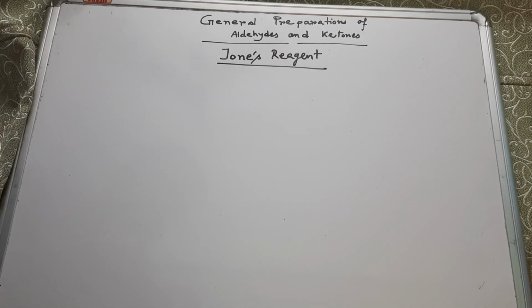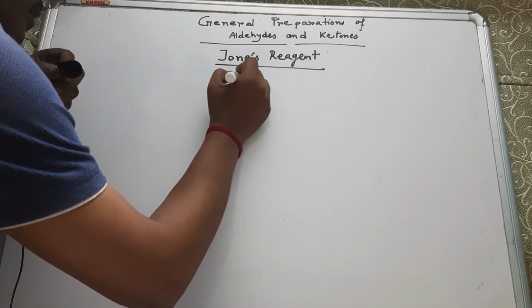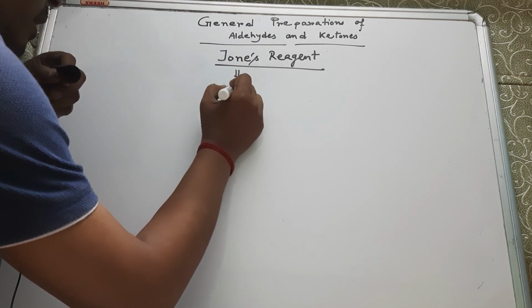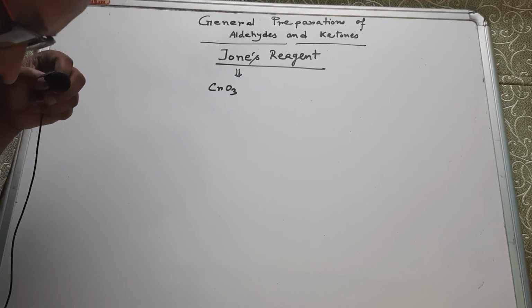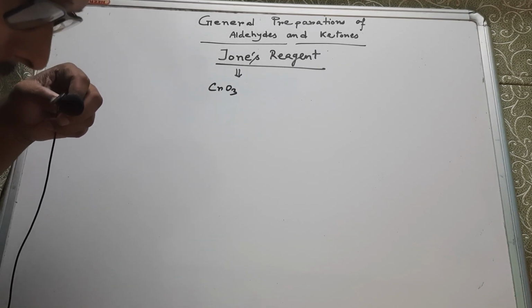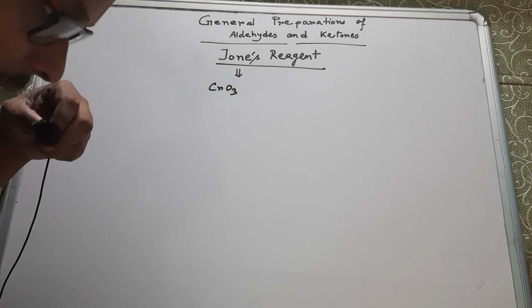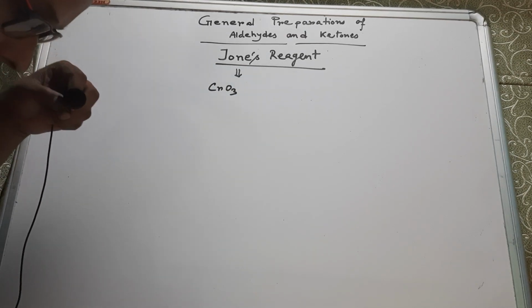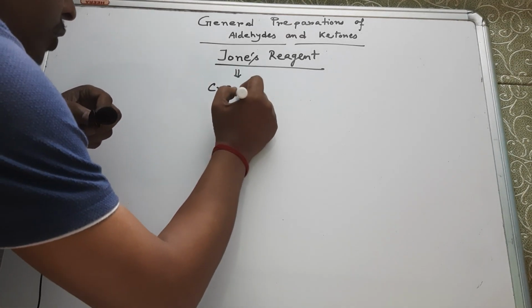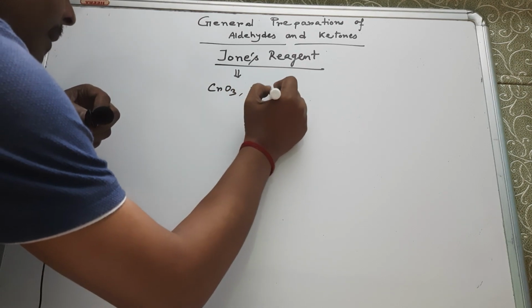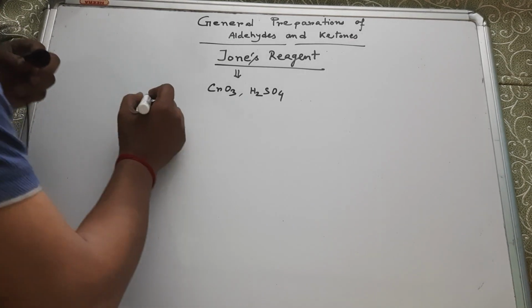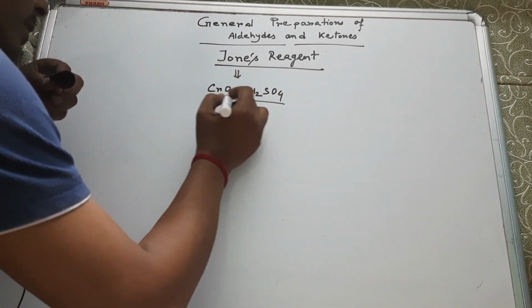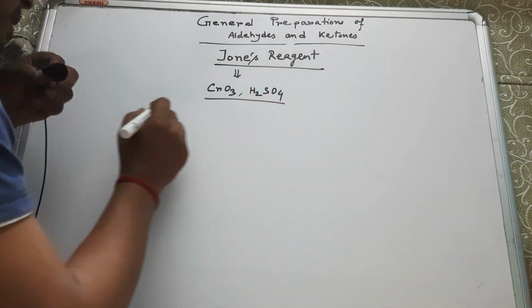Jones reagent is CrO3 H2SO4. This is the Jones reagent, CrO3 H2SO4. So if you mix these, it is called Jones reagent.